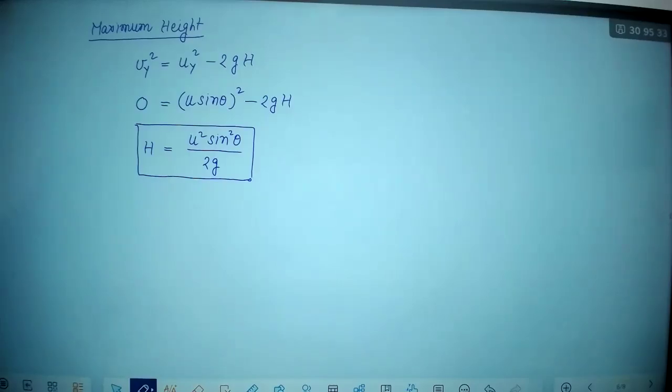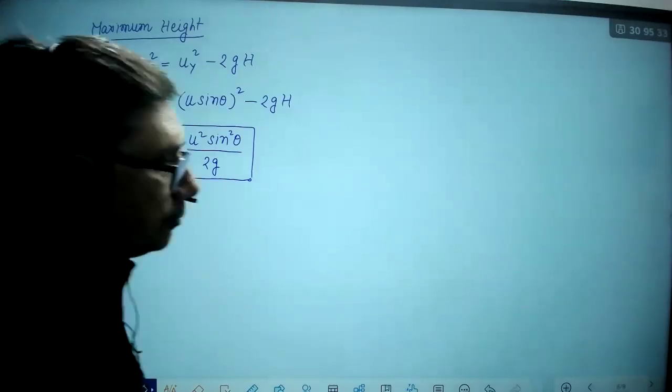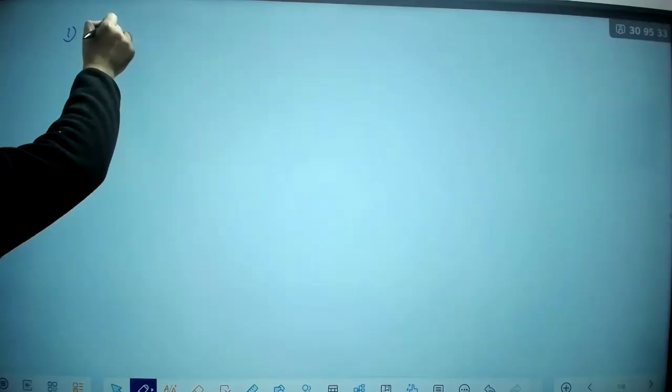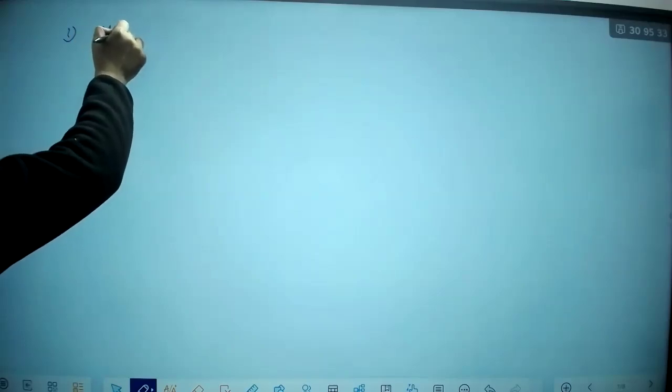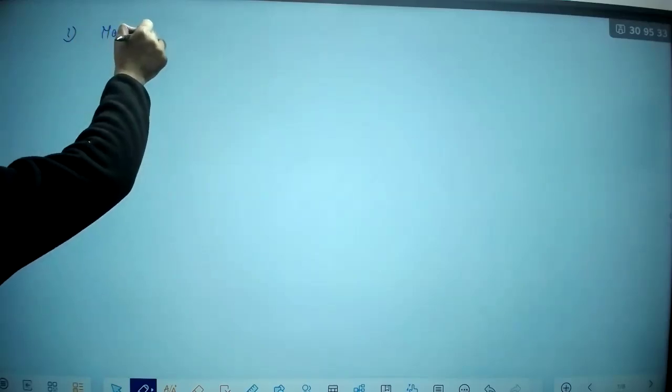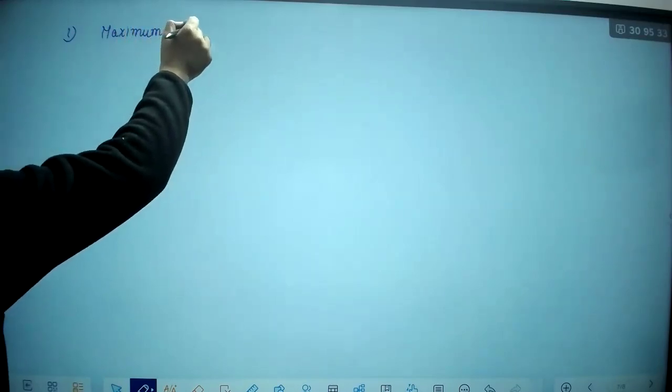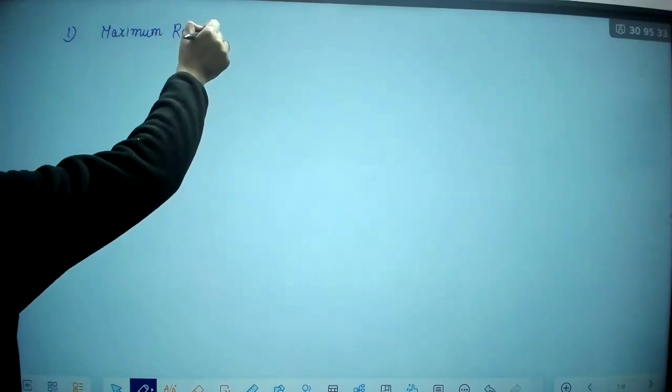First point, maximum range. When are we going to get the maximum range? So what is range here?